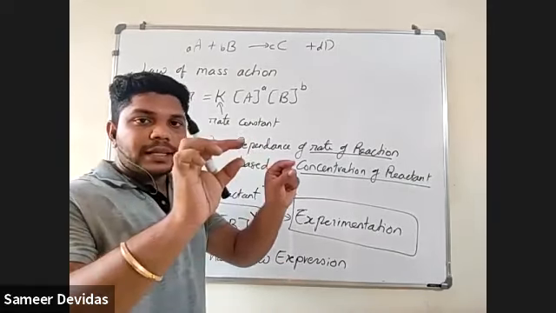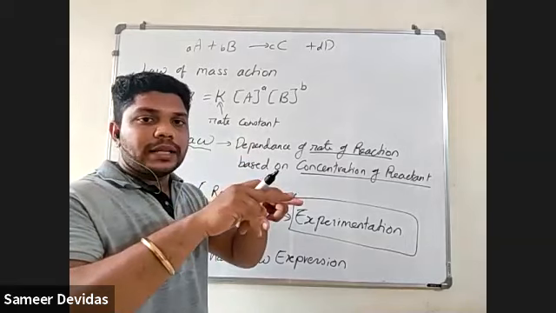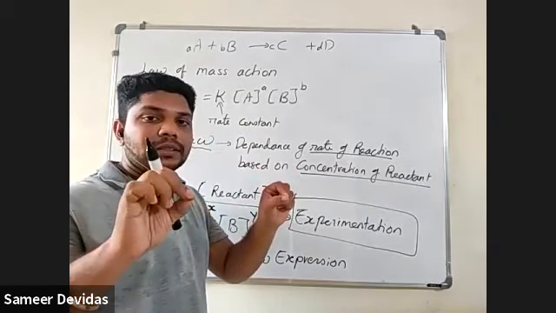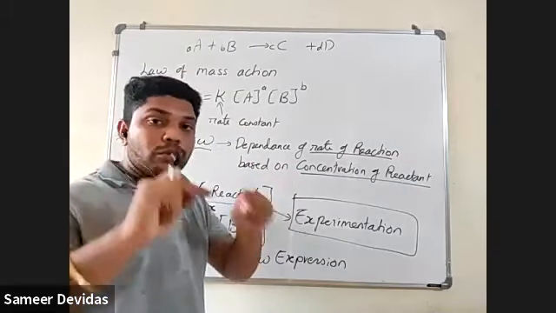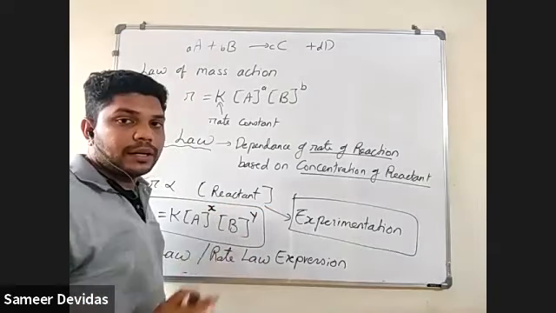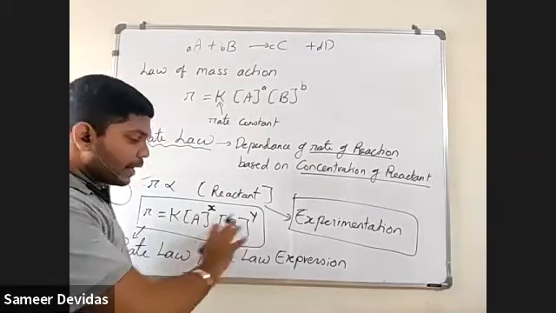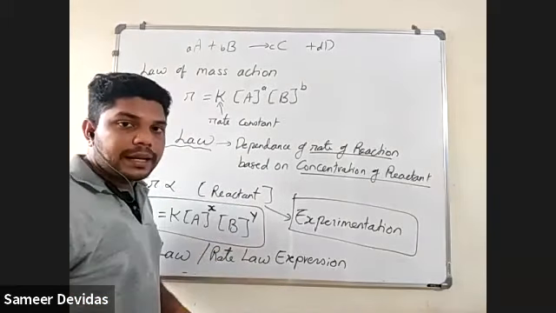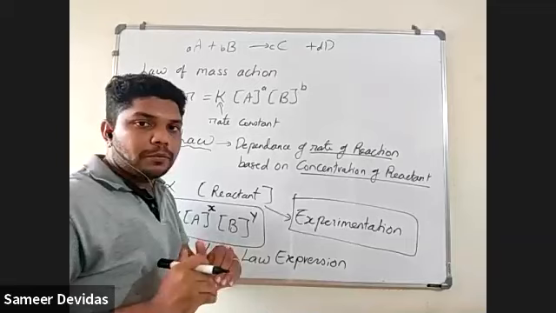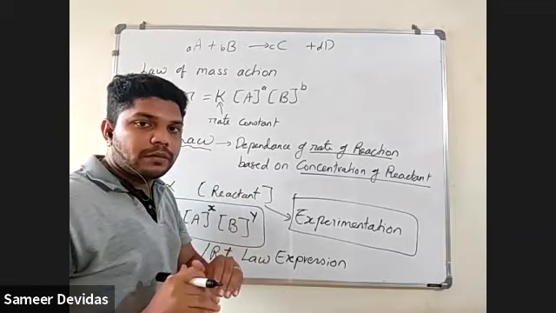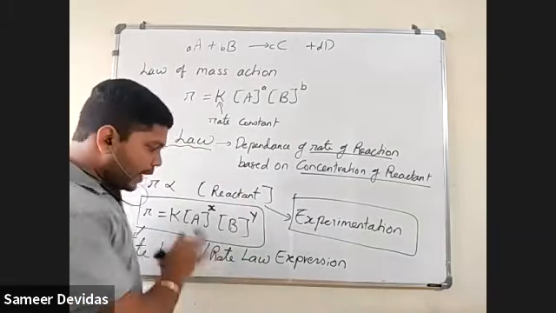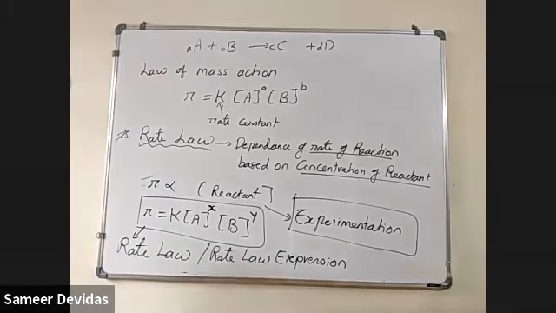So take one reaction, do the experiment on that reaction, you will get some readings, some observations, and use those observations to write down the rate law. How we are going to write down the rate law for a particular chemical reaction using experimental observations, I will teach you now. So at present, you just write down this.